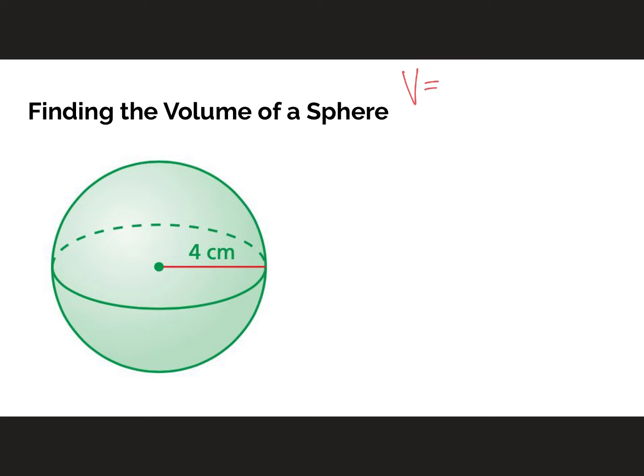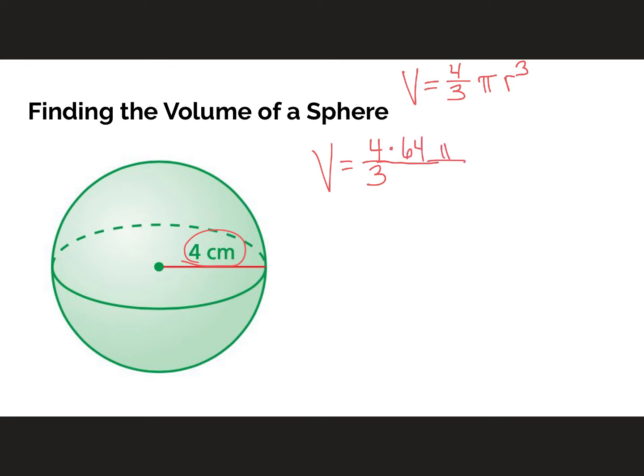So our volume formula is 4/3 pi times the radius cubed. So here I have a radius of 4. So my volume equals 4/3. And we can actually just extend this and put our radius cubed. So 4 times 4 times 4 is 64.